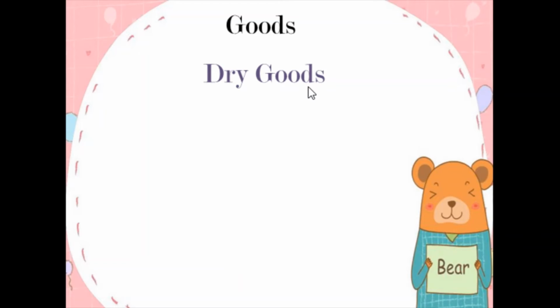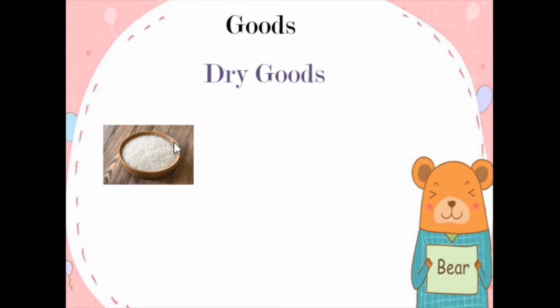Now, everybody, repeat after me, please. Say, dry goods. Okay, what are dry goods? These are goods that are not wet because they are dry, or it's something that we can feel and touch with our hands. For example, this one. What is this?